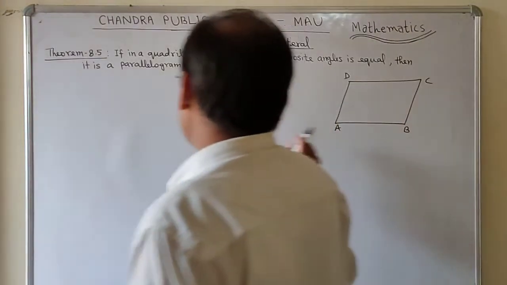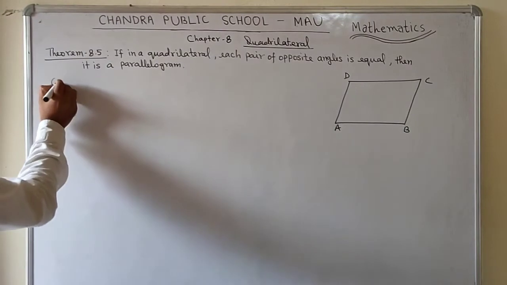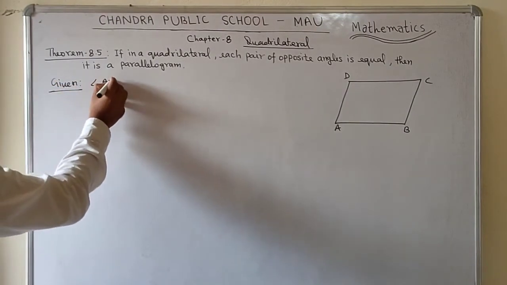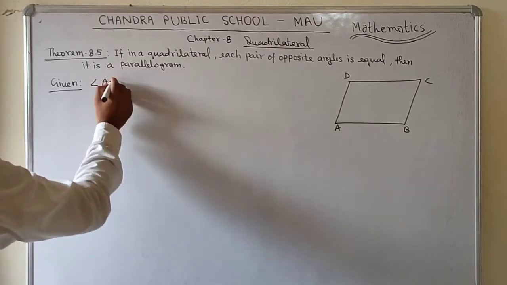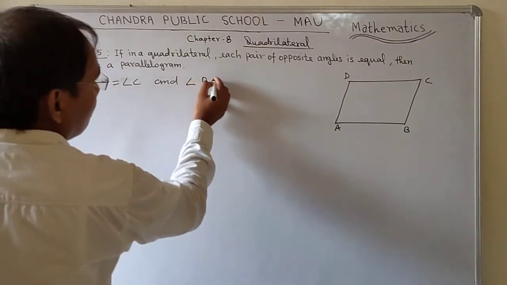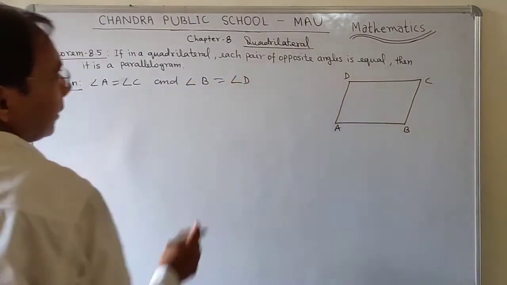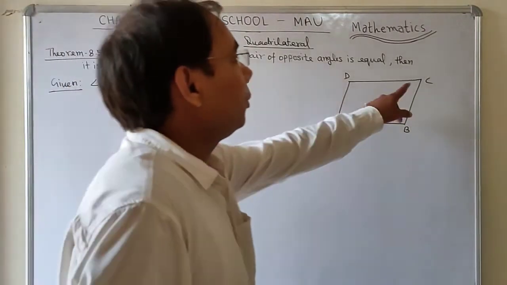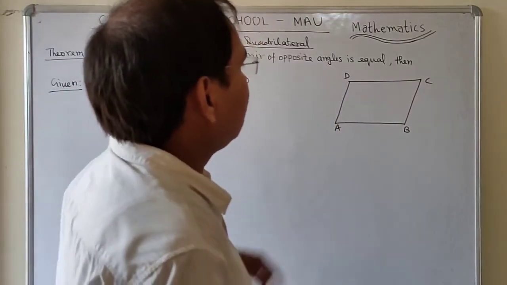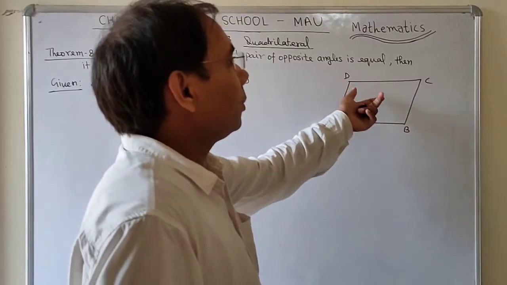So here I am going to give the proof. It is given that angle A equals angle C and angle B equals angle D. It is given in the question. If in a quadrilateral both pairs of opposite angles are equal, that is given, and now you need to prove that it is a parallelogram. So how will you prove that?